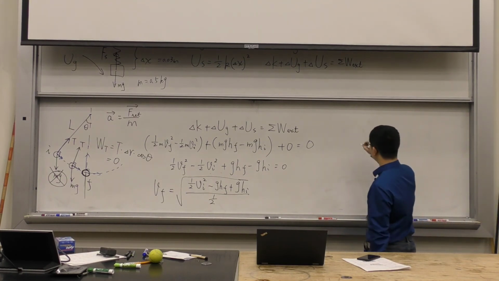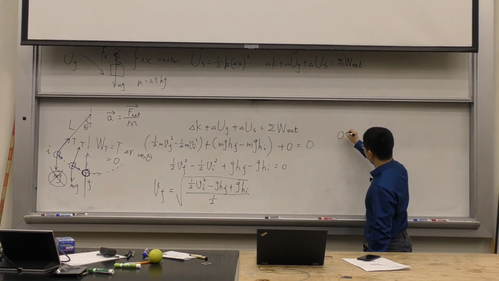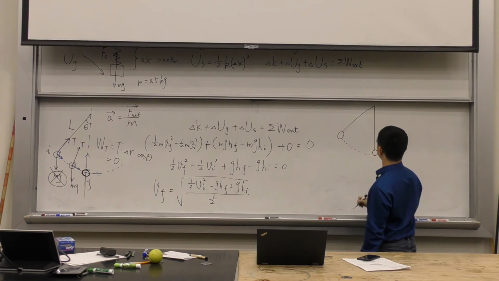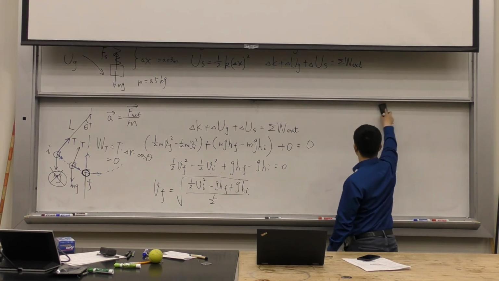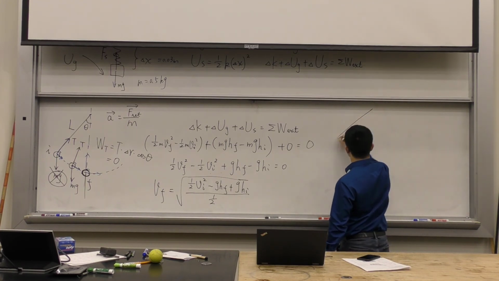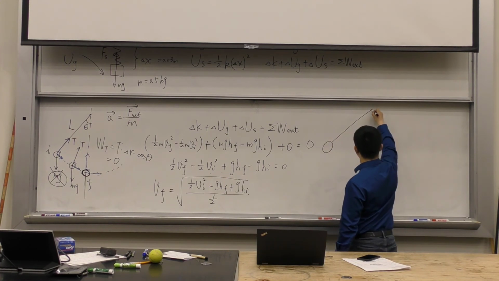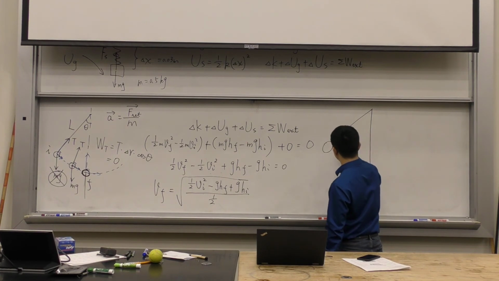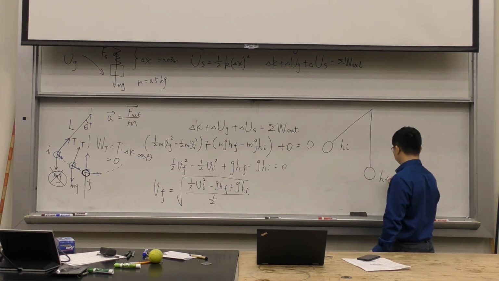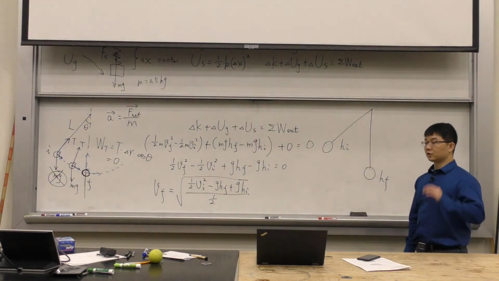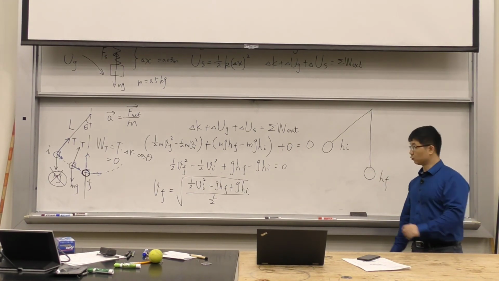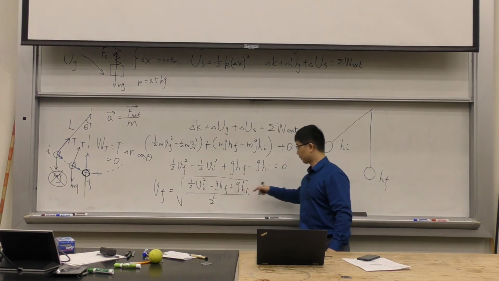So I'm going to redraw that. So I know that this guy is going to start from this point. It's going to end up here. Okay. Well, I'm going to redraw that. Okay, so that's the initial height. That's the final height. So usually what we do is that to make our calculation easier, I'm just going to pick one of them as 0 height, because what matters is only the difference.